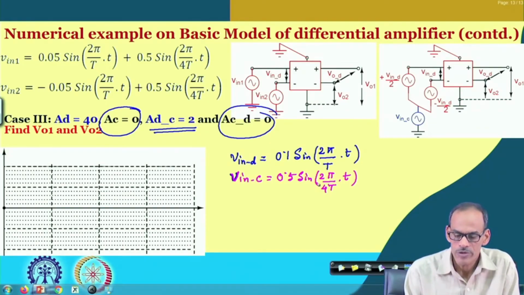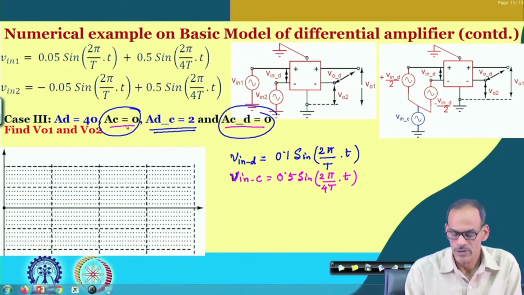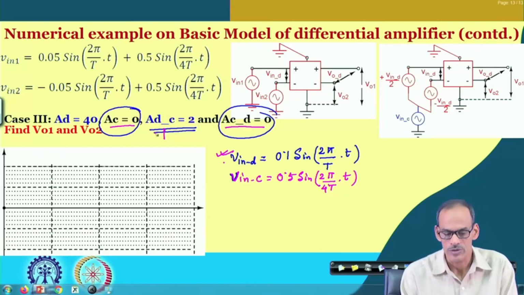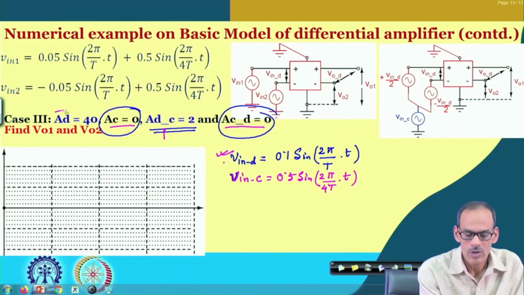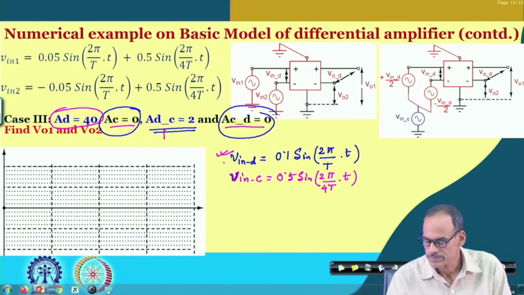Now, this common mode signal is really not having any role to play, because both ACD and AC are 0. But then one part of the differential signal is also appearing as common mode output, and of course, it will also produce a significant amount of differential signal.